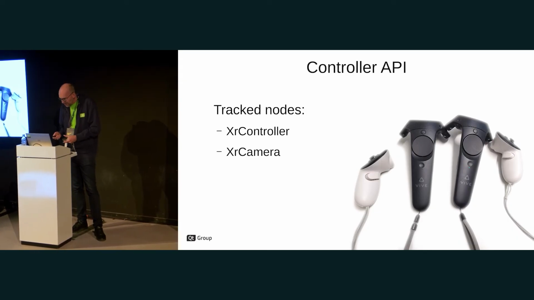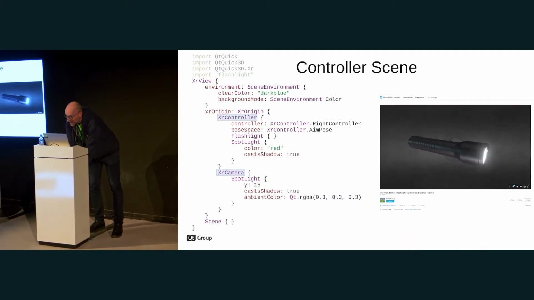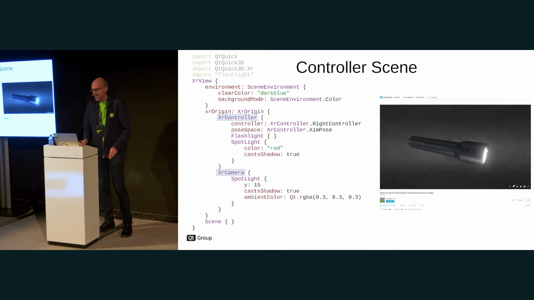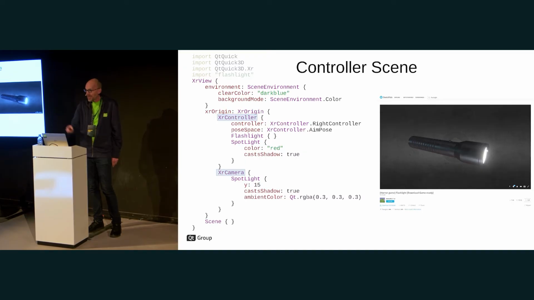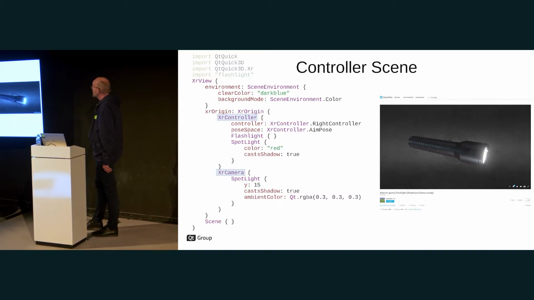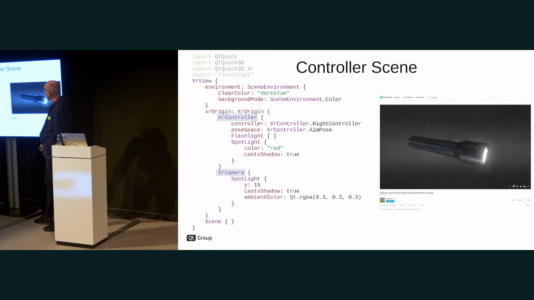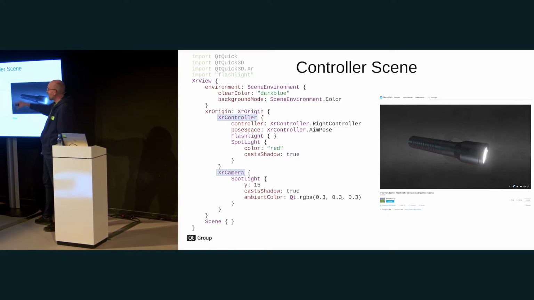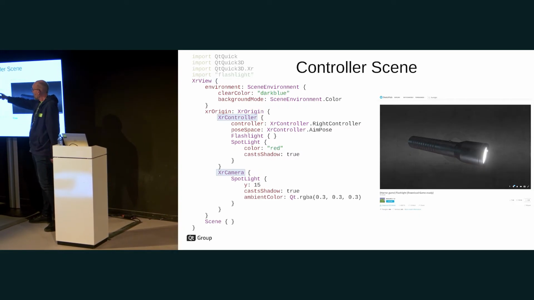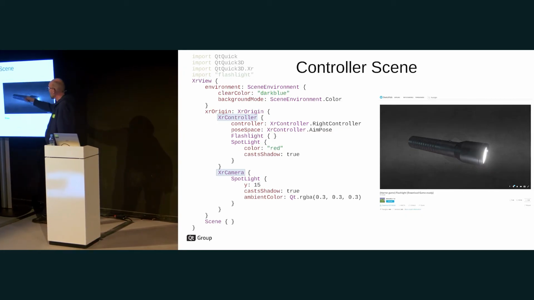So let's make a scene. No, not that way. Let's make an application that uses these concepts. So we go to Sketchfab again, download this nice flashlight model, and we create an XR controller, and inside, as children of that XR controller, we position the flashlight model that we got from Sketchfab.